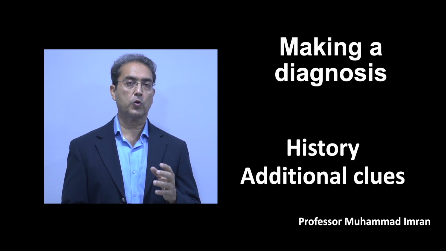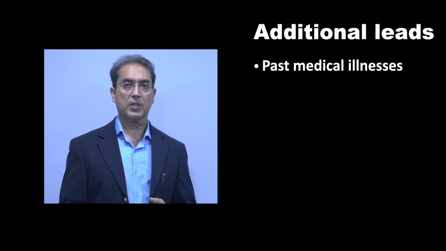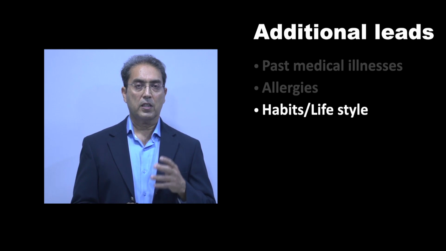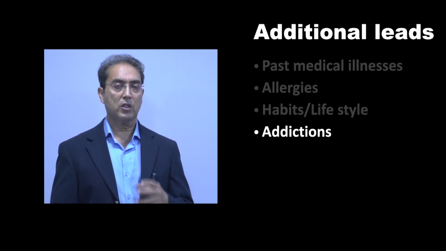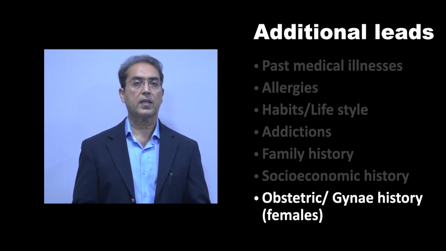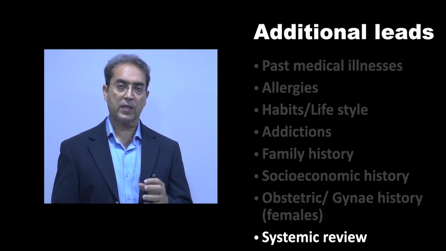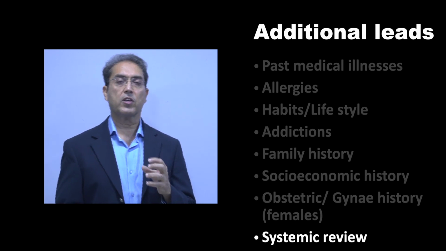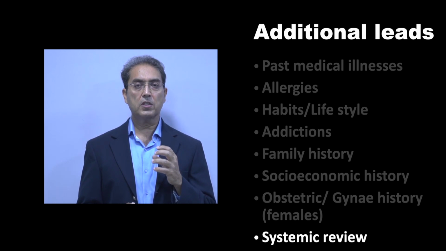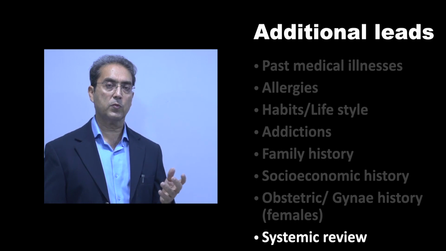When you start taking the interview, you can have these additional leads from the past medical illness, from any allergies if the patient has, what type of lifestyle, the addictions, the family history, the socioeconomic history, the obstetrics and gynecology history in case of females, and then the systemic review in which we systematically see all organ systems and evaluate them for the presence of any clues that can lead us to diagnosis. Now we see these portions of the history taking one by one and see what we see in these portions.